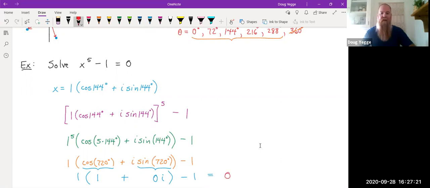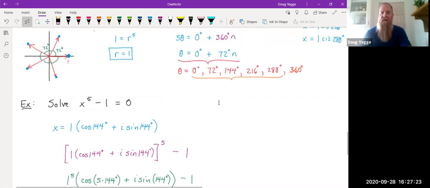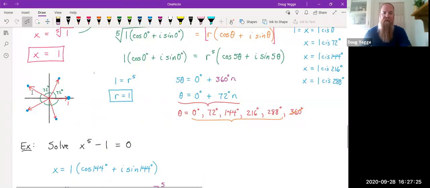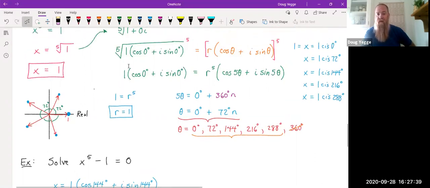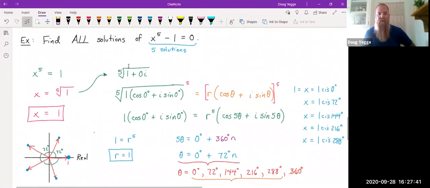So now we can see why what this is actually saying is that even though all 5 of these numbers are not necessarily real numbers, there's only one real number that lies on the real axis, it doesn't mean that there is only one solution. There is only one real solution to this equation.